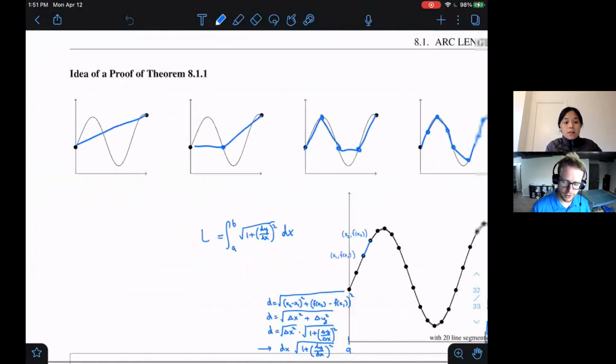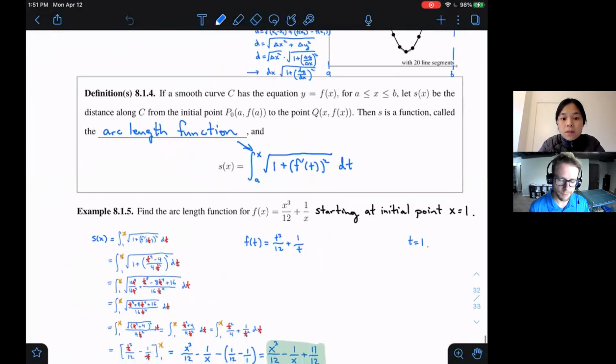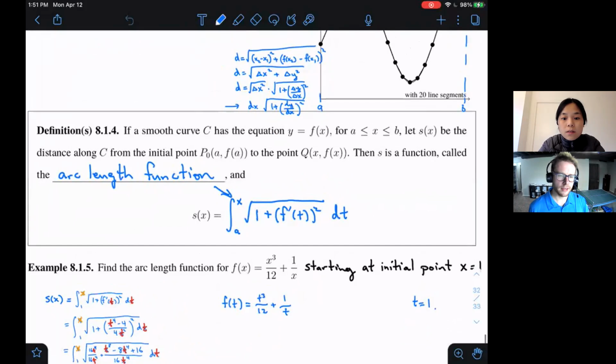I guess the only other thing, and this is a little bit of a proof of this theorem here, is about why the arc length formula works and why it is the way that it is. But we also get this function here in calculus 2, the arc length function, and this ends up being quite important in calculus 3.